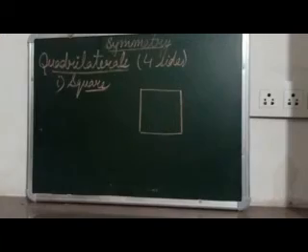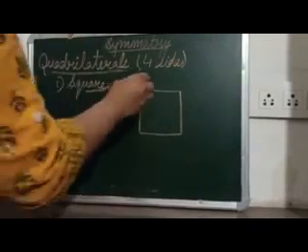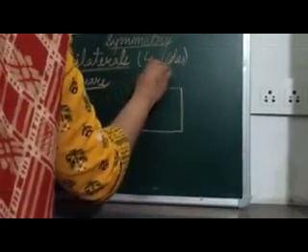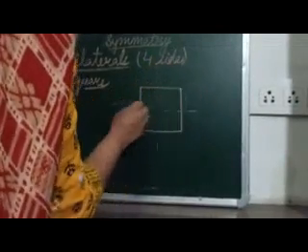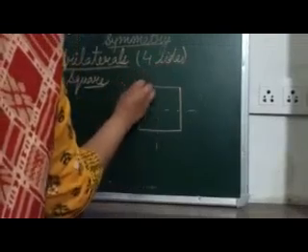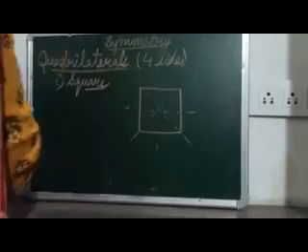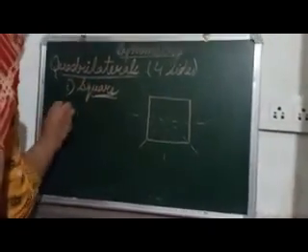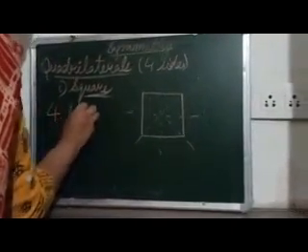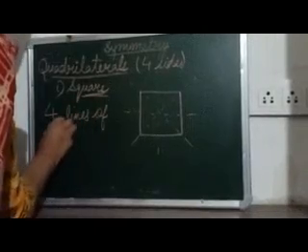Now if I want to divide this figure into equal parts, how many lines can be drawn? 1, 2, it can also be folded like this, 3 and 4. So in the case of a square there are 4 lines of symmetry.